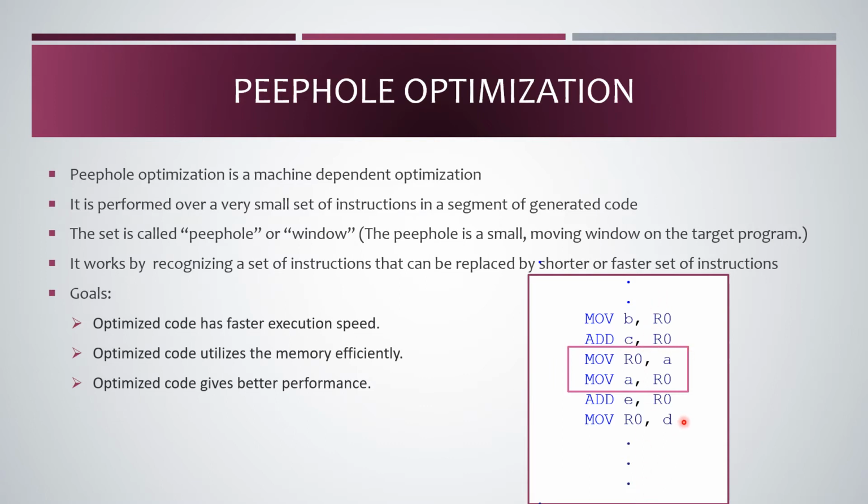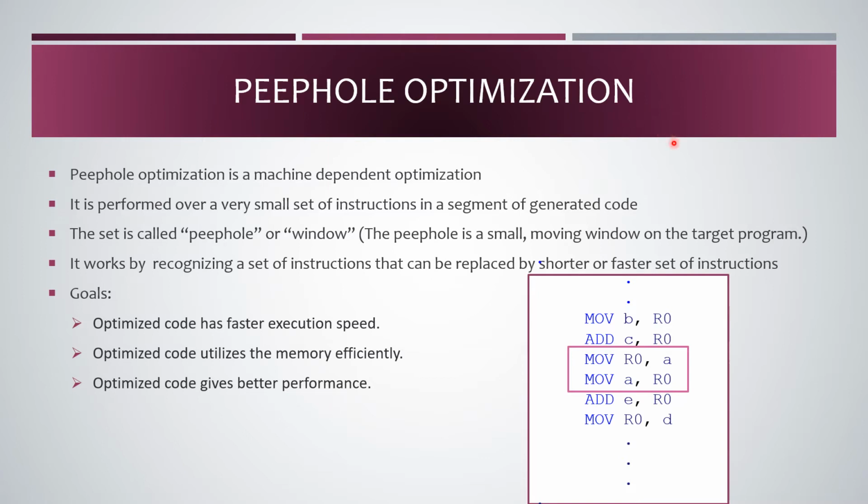Now assume that I have finished optimizing this generated code. Now what's the use of this optimized code? This optimized code should have a faster execution speed, should utilize the memory efficiently, and should give a better performance. So these are the objectives or the goals of peephole optimization.